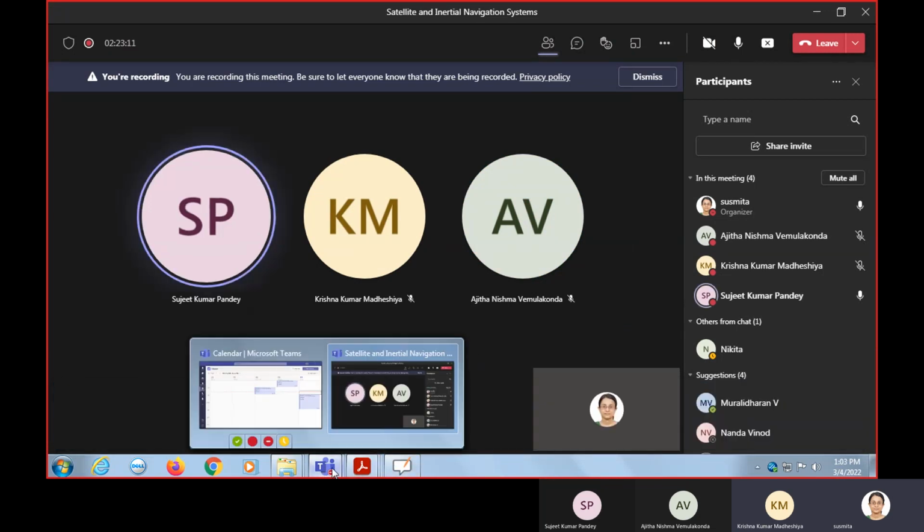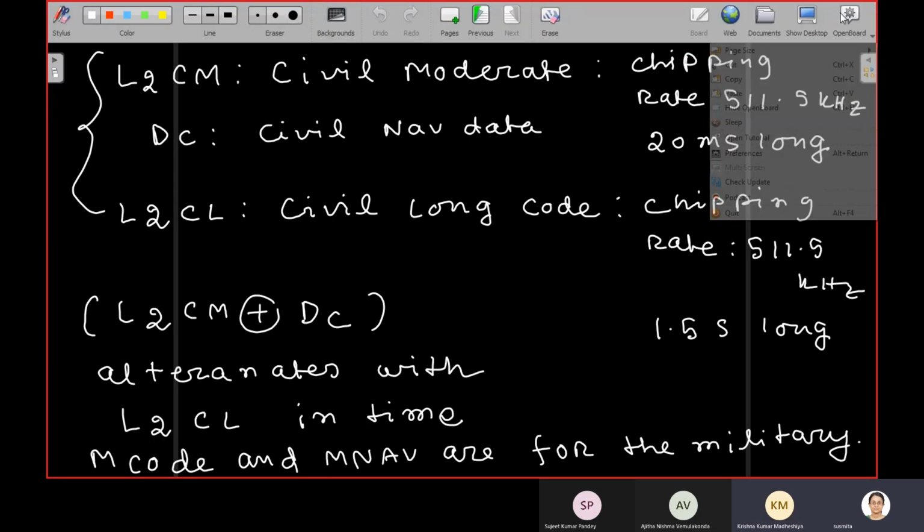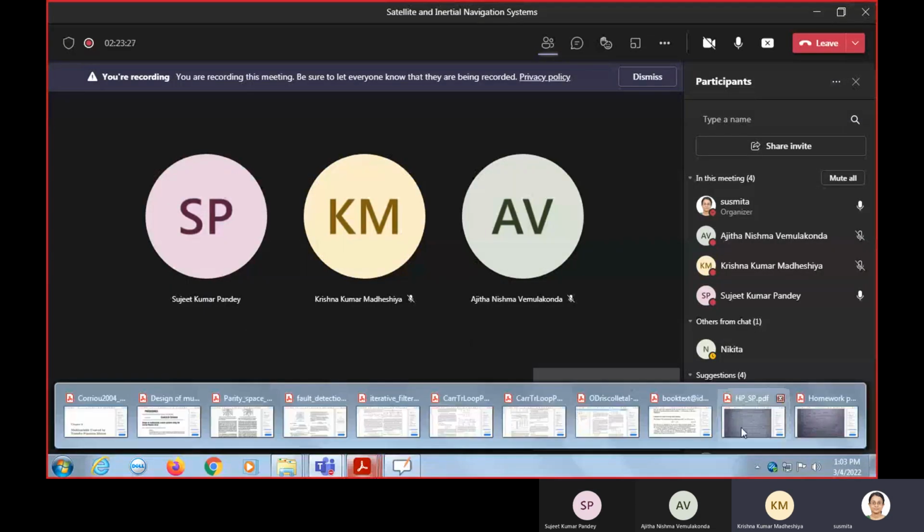Okay, Ajita, you got 2.7, right? For linear minimum mean square? Yes, ma'am. Okay. 2.701. Okay. For Kalman filter, what did you assume, Shujit?